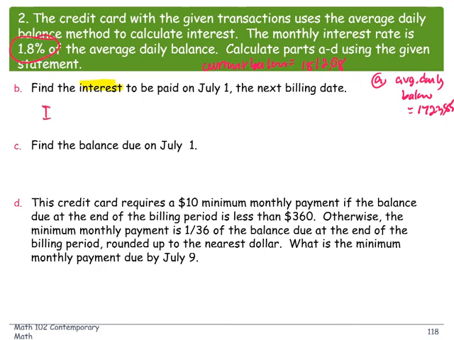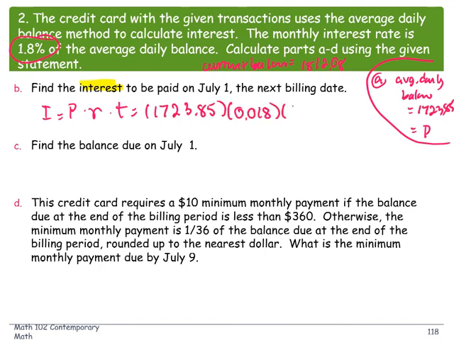So I equals P times R times T. The P, which is the average daily balance, 1723.85, is multiplied by the rate, which is 0.018 for 1 month. And the interest is $31.03.